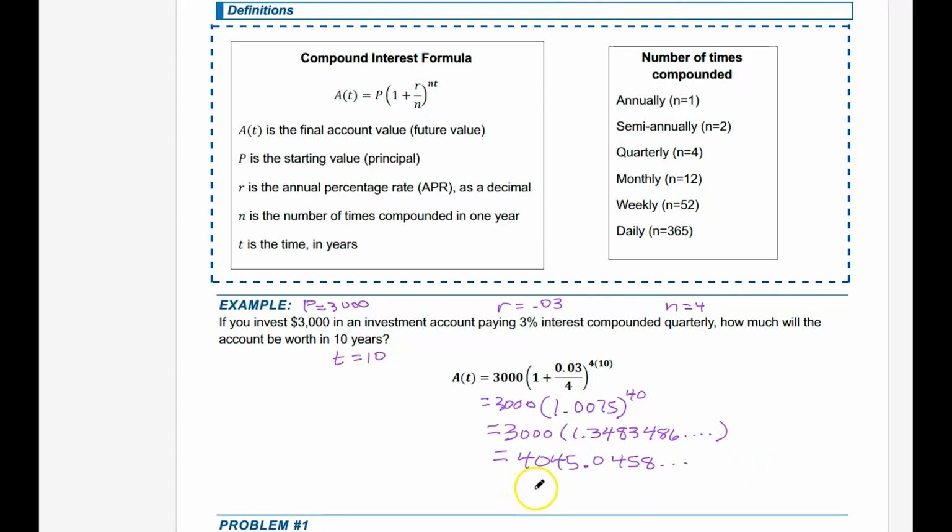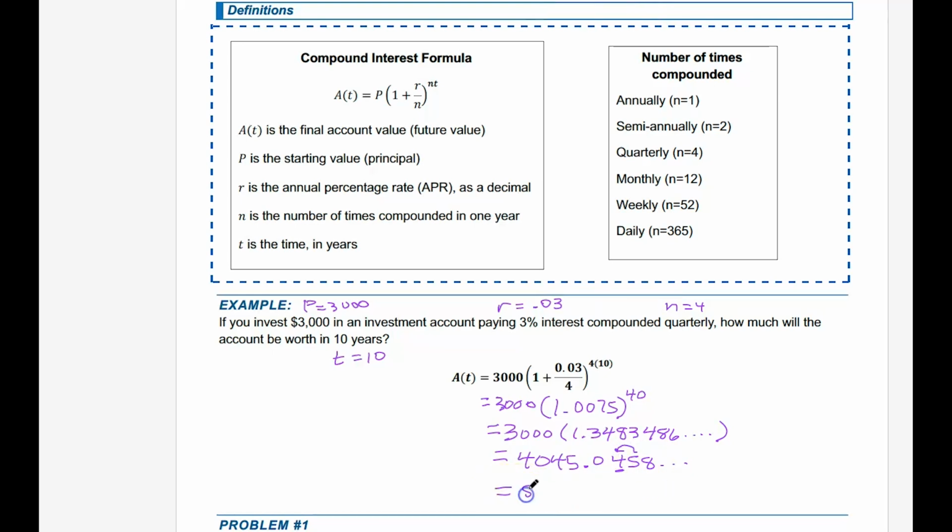Well, we're dealing with money here, right? We're trying to figure out how much is going to end up in that account. And so we're going to round to the nearest cent, or to the hundredths place. So that would be right here. And 5 is big enough to round that next number up.